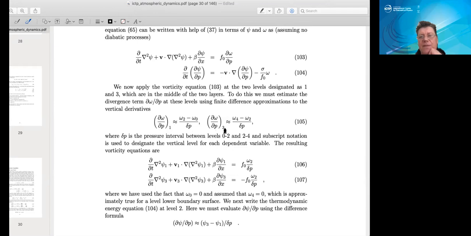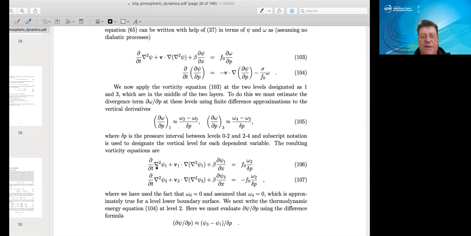And the same with the derivative at level 3. Now we can make use of the fact that omega 0 and omega 4 are 0. So the only variable that remains is omega 2. The vertical velocity at this mid-level is the only vertical velocity that remains here.